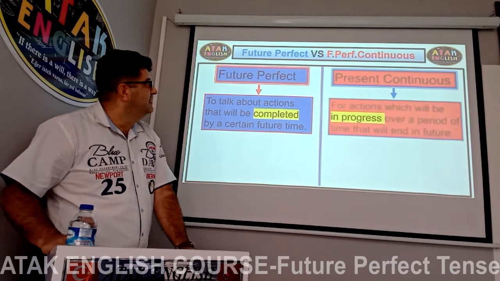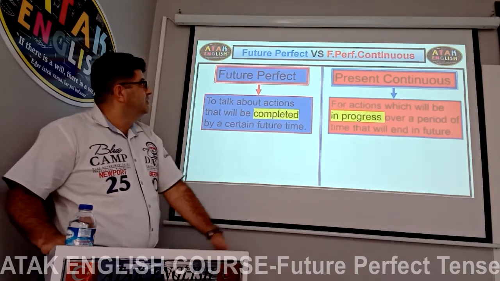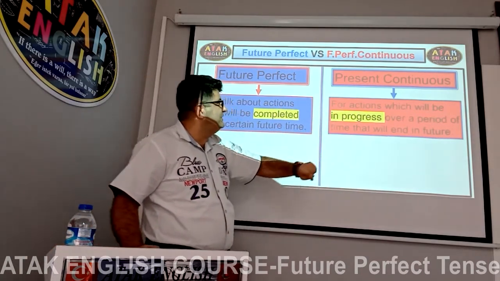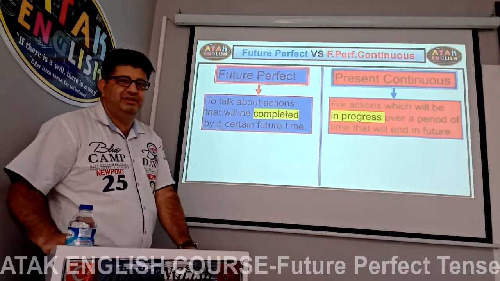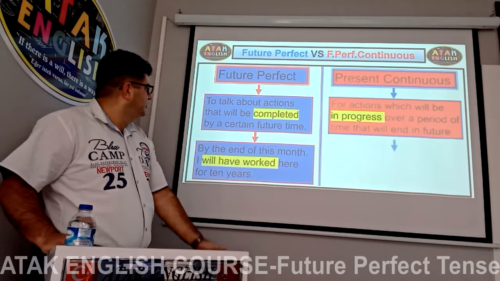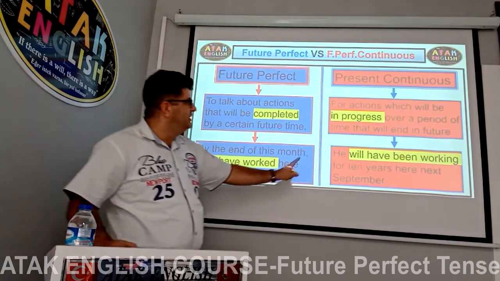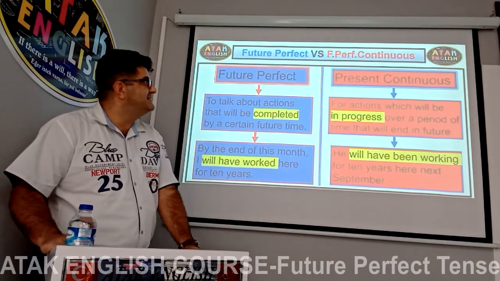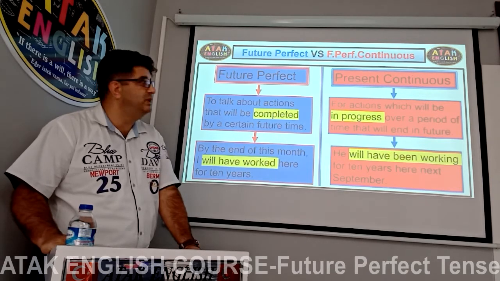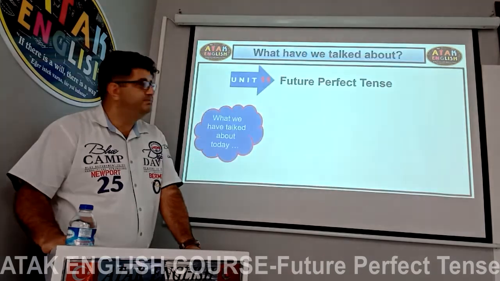On the other hand, future perfect continuous is for actions which will be in progress over a period of time that will end in the future. By the end of this month, I will have worked here for 10 years. He will have been working for 10 years here next September. That's the difference between future perfect and future perfect continuous.